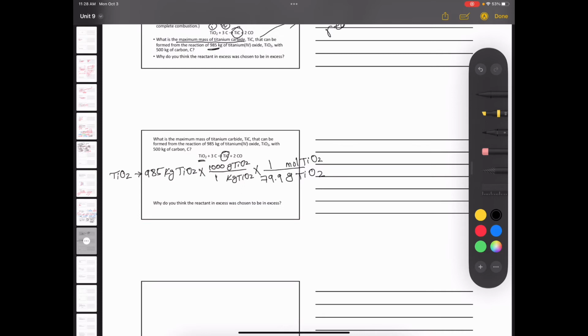So now I can cancel out the grams with the grams. Now I have moles of titanium oxide. Now I can use my stoichiometric relationship, correct? And based on that one, I'm trying to convert into moles of titanium carbide. And down here, I should have mole of titanium oxide, so I can cancel it. Okay? So based on my balanced chemical equation, the relationship is 1 to 1, correct?